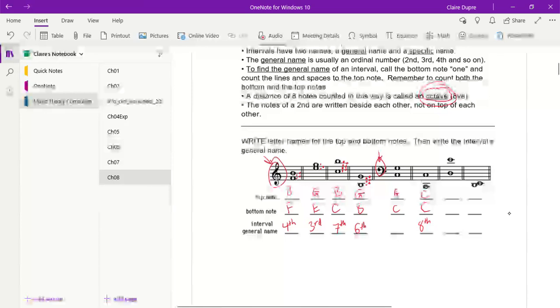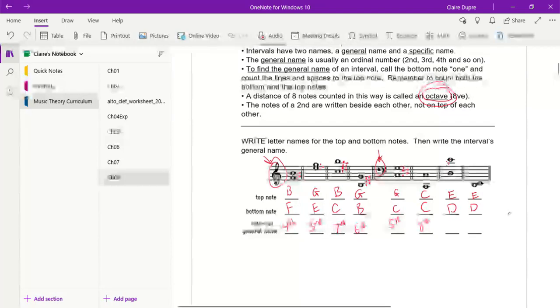All right, let's look at this. Here's A, B, C, D, E. And then good boys don't, D. And then finally we have G, F, E, and then one below that is D. Okay. 1, 2, 3, 4, 5.